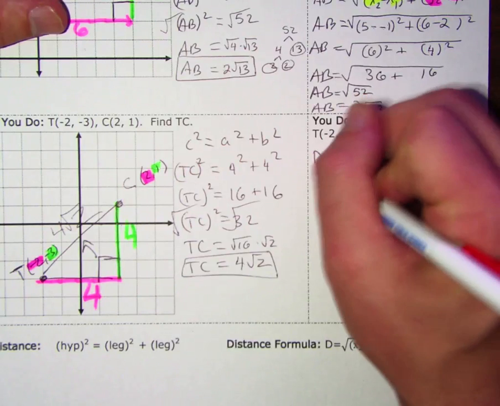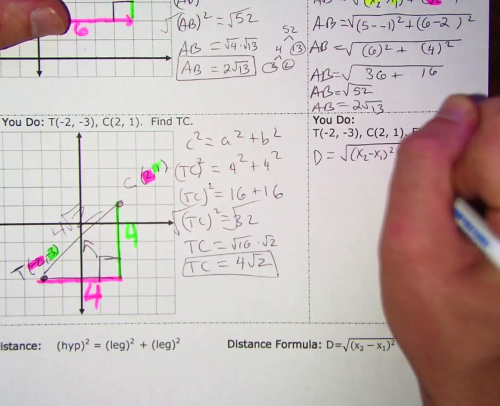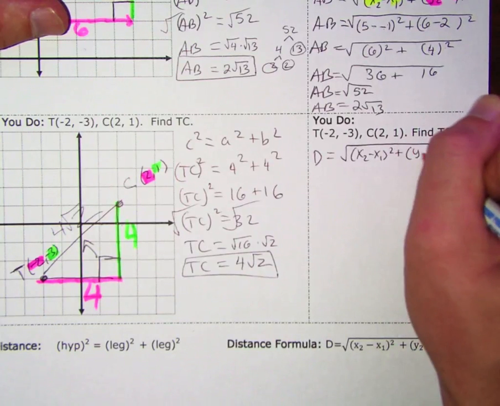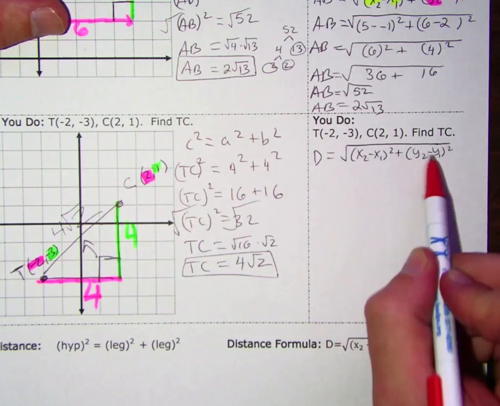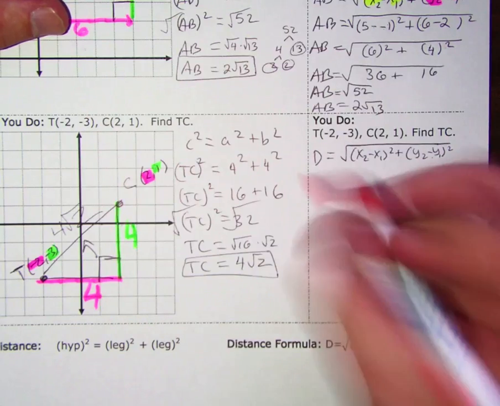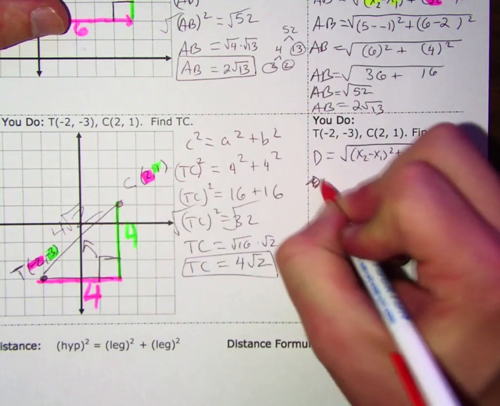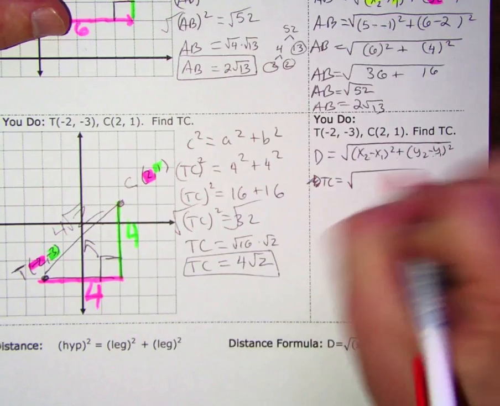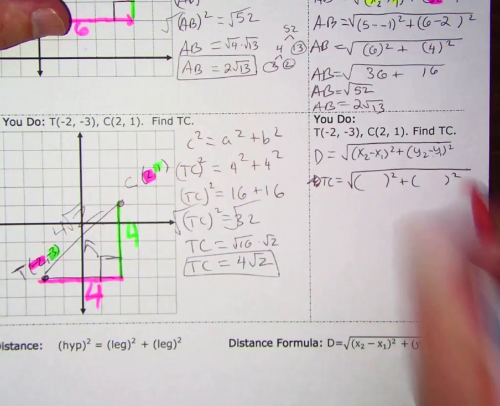The distance is equal to the difference in the x's and the difference in the y's, each squared. We're going to add them up. This is just a squared plus b squared, but I get how long this leg is by taking the difference. Here I go. My distance in this case is TC. And the hardest part is the substitution, and then you're good to go.